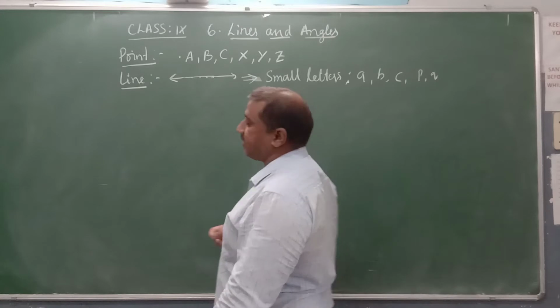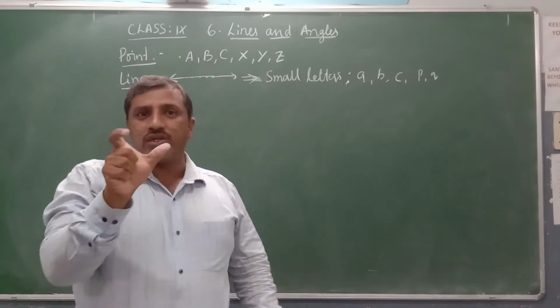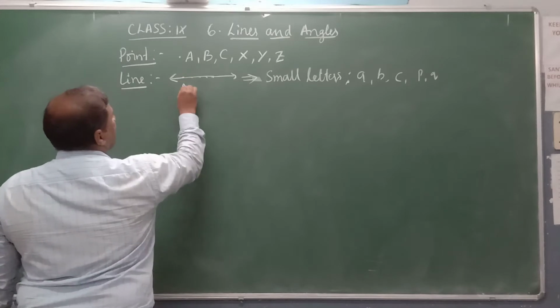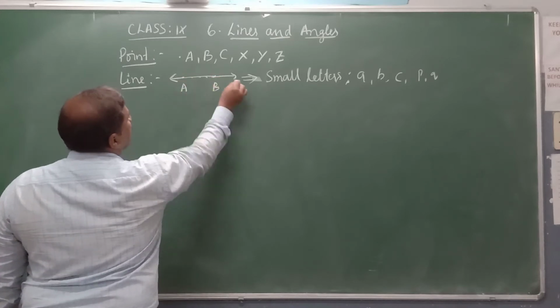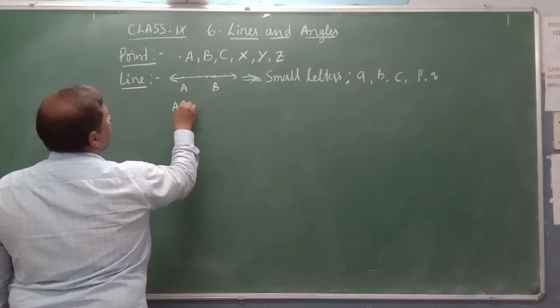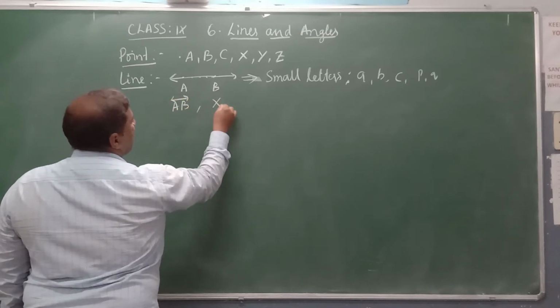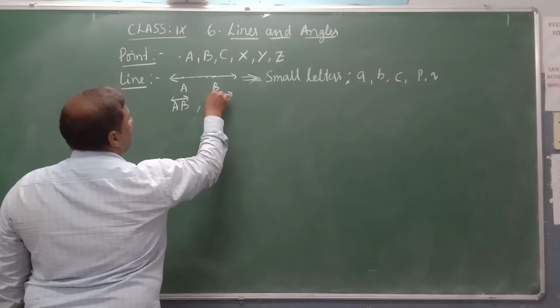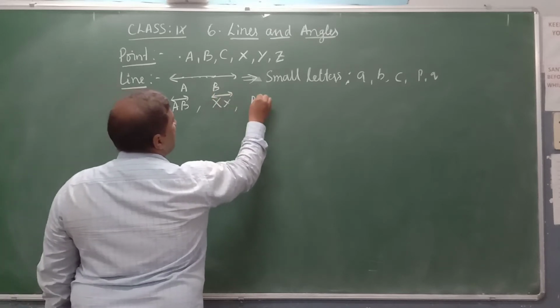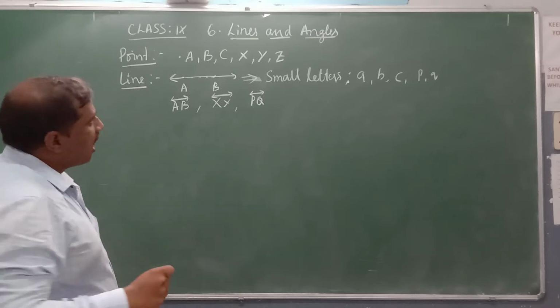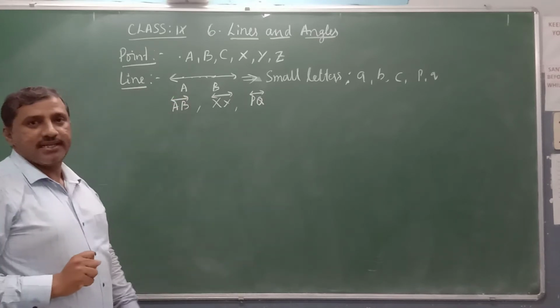Also with two capital letters we represent a line. If this is point A and point B, it is line AB, line XY, line PQ. With two capital alphabets also we represent lines.